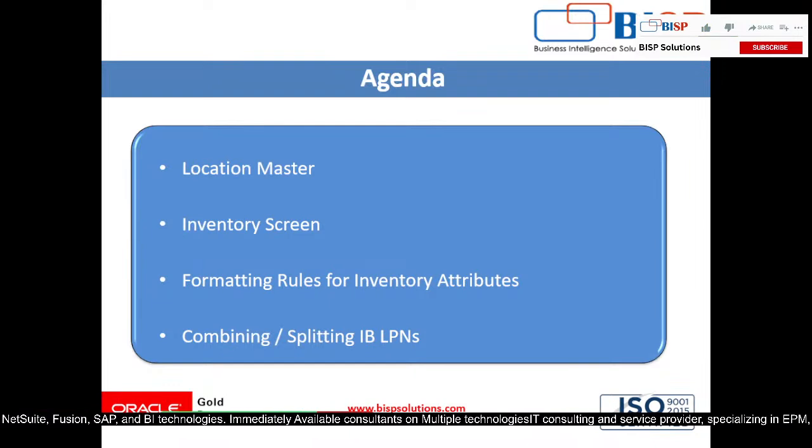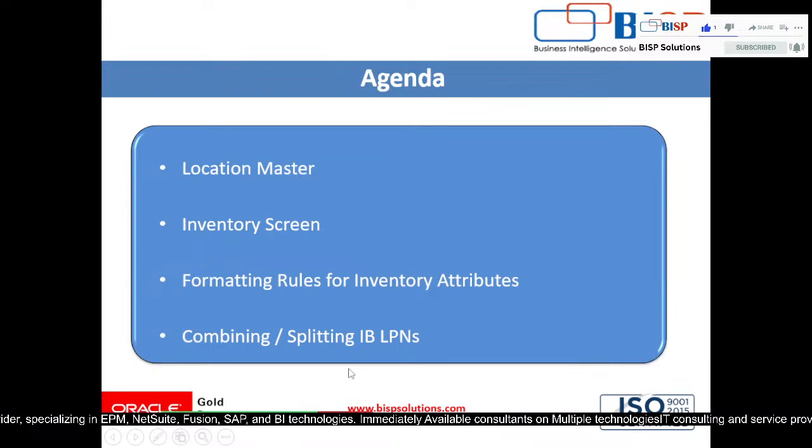Suppose we define attribute A for any inventory. This attribute A has only numeric numbers. You cannot define anything else for this in WMS. So let's check how we define this formatting.